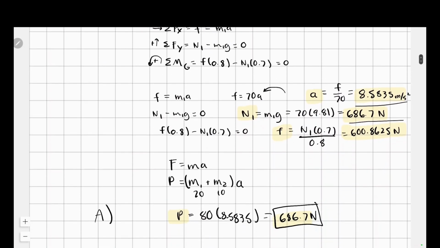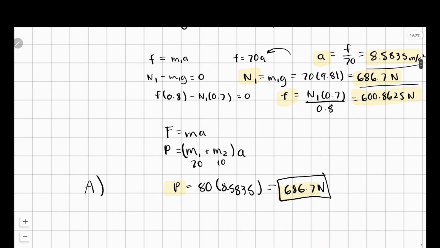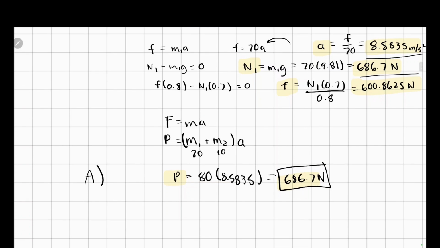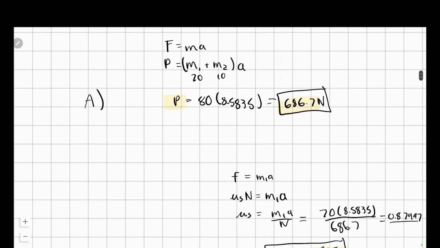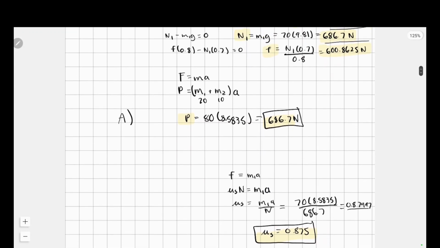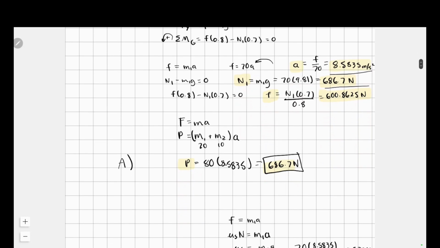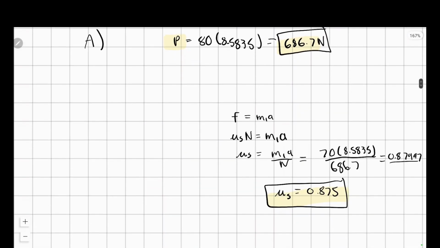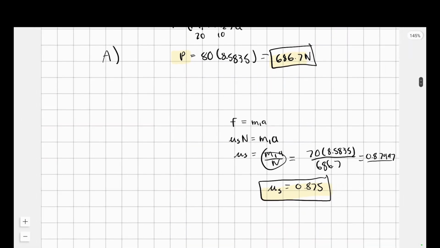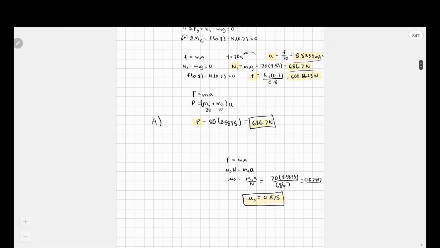So we had to add those two masses up to account for the entire system in our F equals ma equation, and using that, we found P. To find the coefficient of static friction, we just went back and reused one of our equations right here. We replaced F with mu N, and using what we knew, we were able to find mu s, the coefficient of static friction. So that's pretty much it.